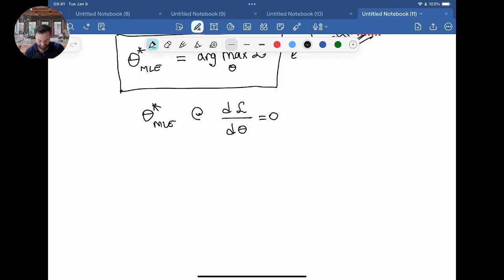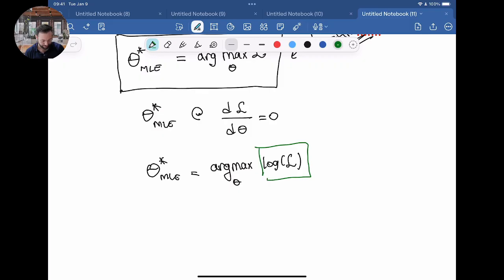So I can also write my theta star MLE is also at argmax of log of L. This is so frequently visited that we have a term, log likelihood. We don't say log of likelihood, we say log likelihood, or sometimes LL. LL is also a term.